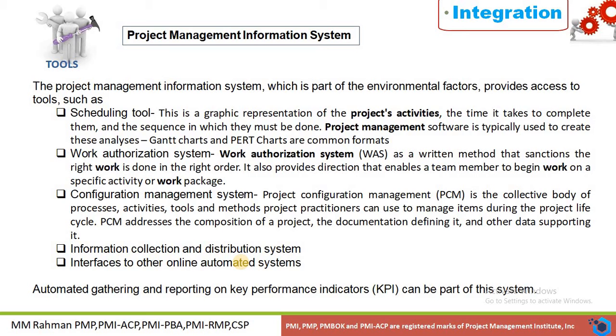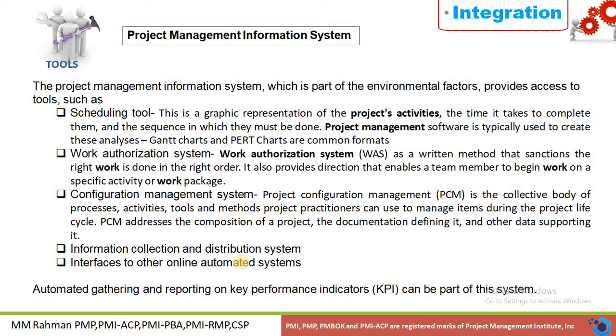Then the work authorization system. The work authorization system is a written method that sanctions that the right work is done in the right order. It provides the direction that enables a team member to begin work on a specific activity or work package. That means it gives you the right direction and the right order for the work. Another thing is the configuration management system.